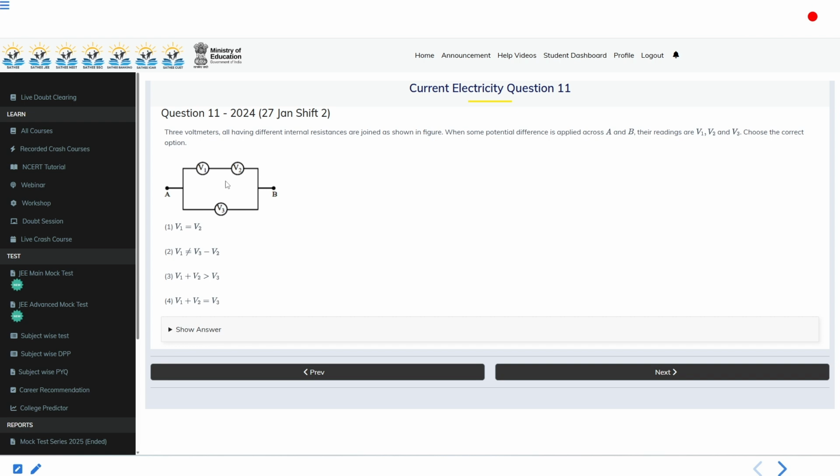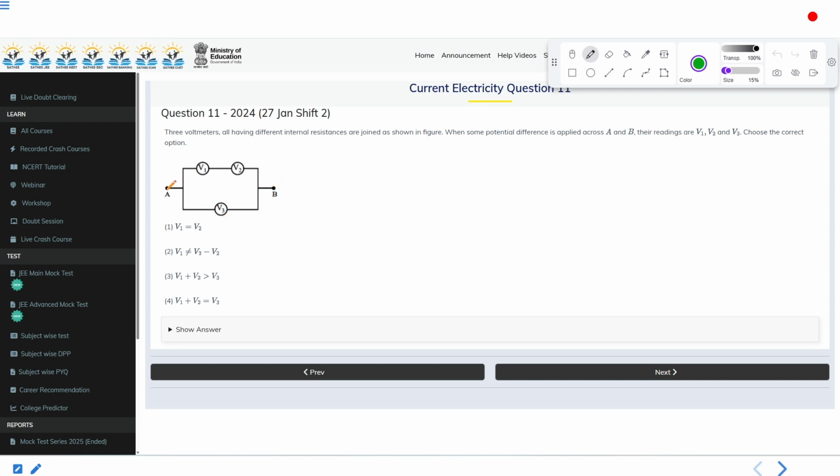No other component is present, only voltmeters, and we have applied the same potential difference across A and B. Now we have to find which relation is correct. They have different internal resistances. So across this A and B, V3 will measure the potential difference across A and B.